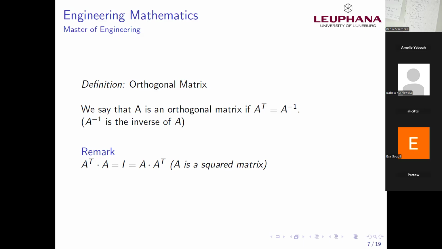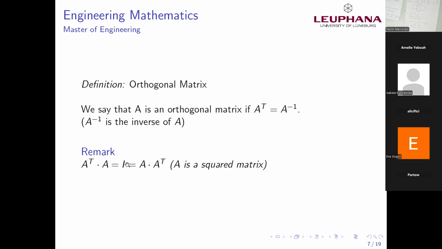I told you quickly before, because probably you already knew it. But in this specific case, multiplying on the left and on the right is the same, because we are speaking about the inverse matrix. You remember I told you also before, A times B equals B times A just in the case of the inverse matrix.